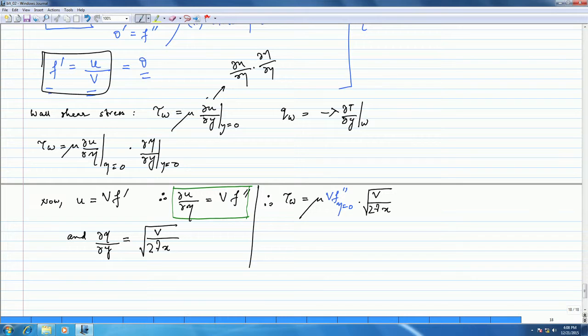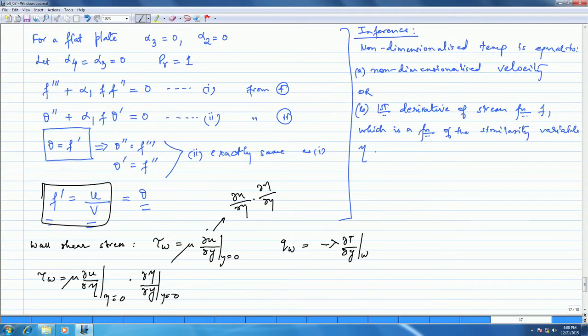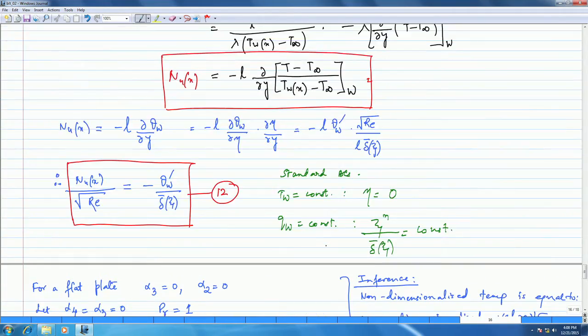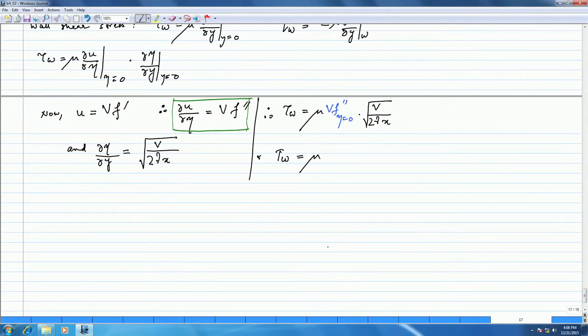So, then tau at the wall is equal to nu, and f double dash at eta equal to 0, that is f double dash at the wall. You can go back and look up when we did this, or think about what it will be.